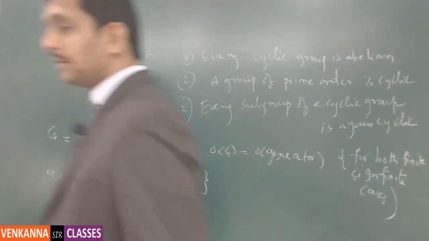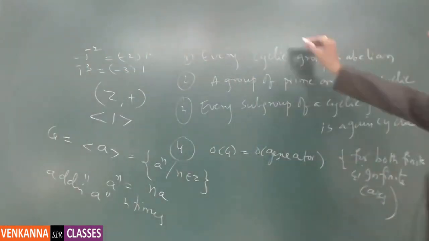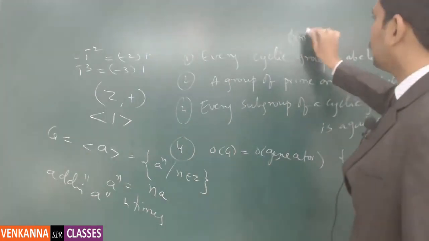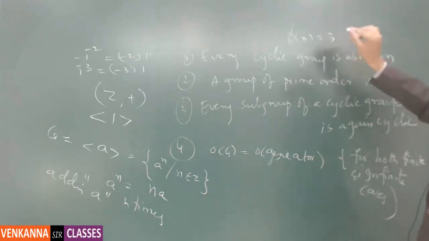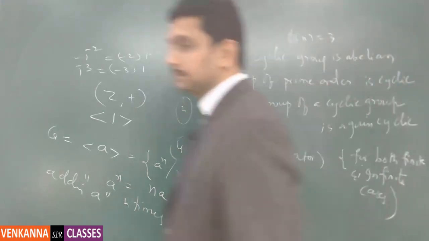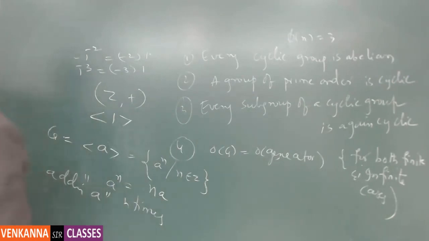Because if phi of n is equal to 3, that will come for what number? You need to understand that maybe you can take the case of matrices, permutations, etc. There you can find.